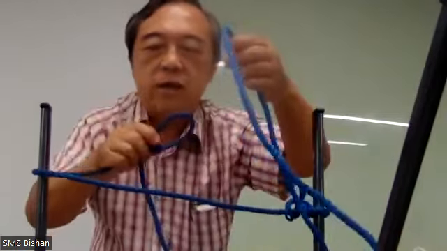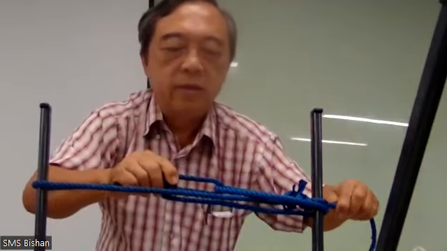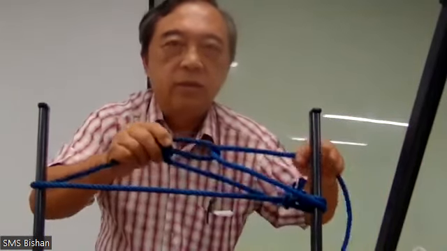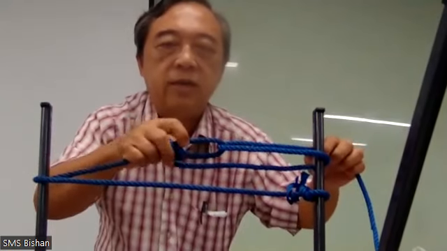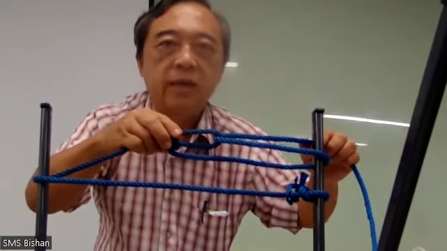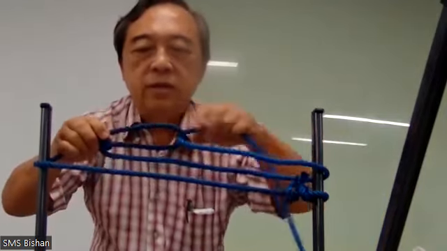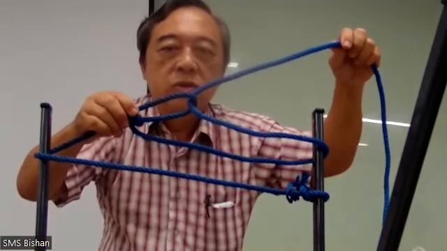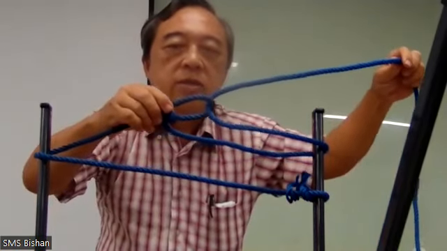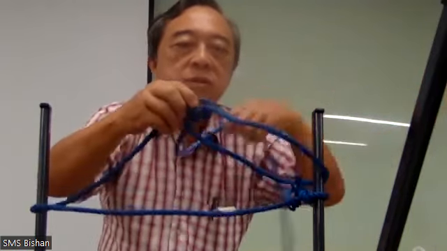Then once you go round, and then you try to pull, it's supposed to be tighter. But this knot that you make can get smaller and smaller. See, the thing can shrink. When you pull, this thing shrinks, which is not so good.